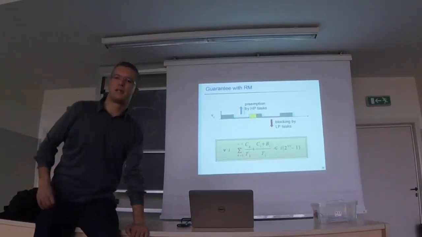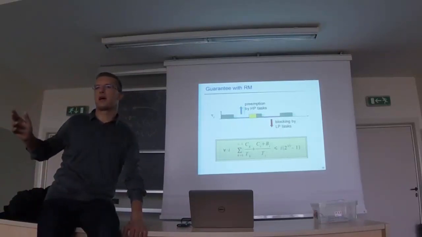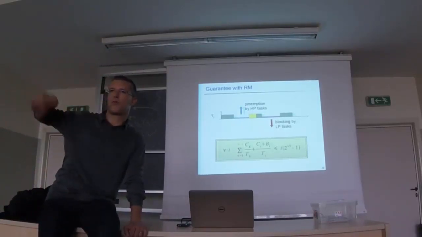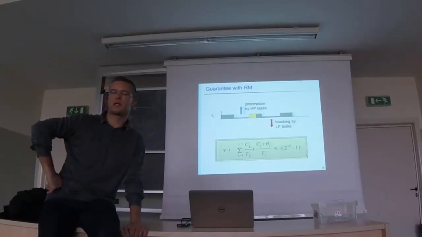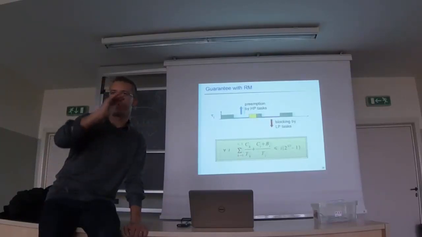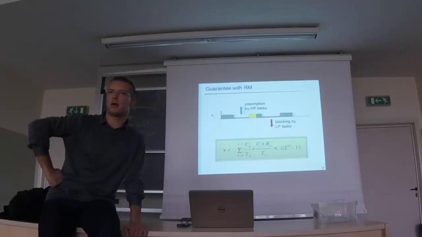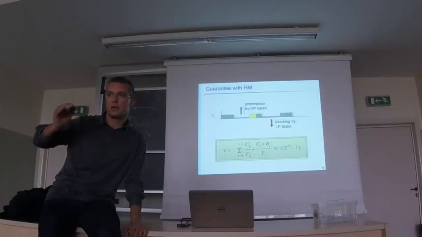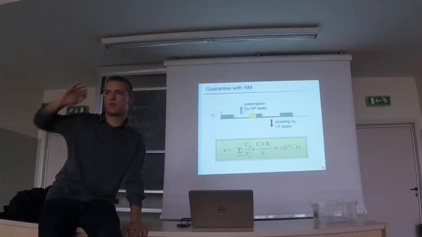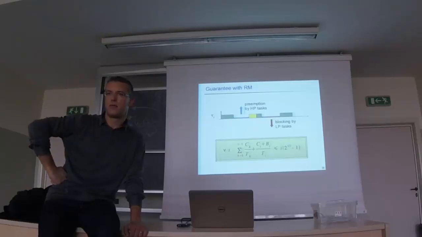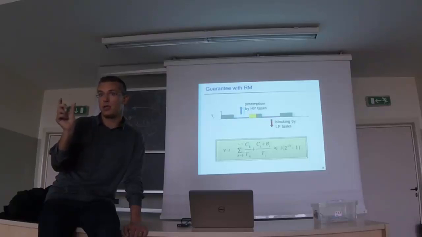If I had n tasks, I just summed the utilization of all tasks and checked it against the least upper bound that I computed as a function of n. When you have blocking, you need to repeat the test for each single task. It is not sufficient to perform it only once for the whole task system, but you need to repeat the utilization-based test for all individual tasks in order to factor in the potential blocking that they may experience.